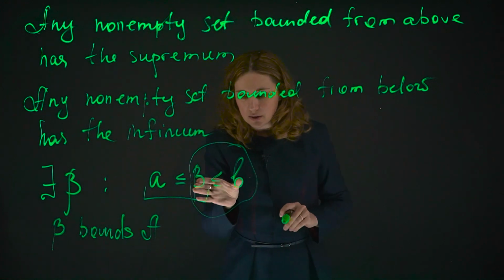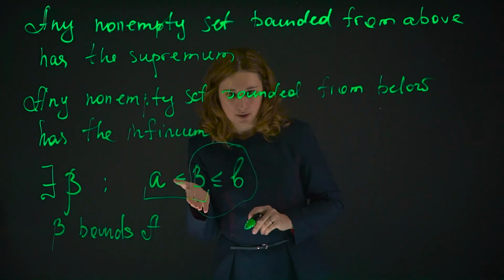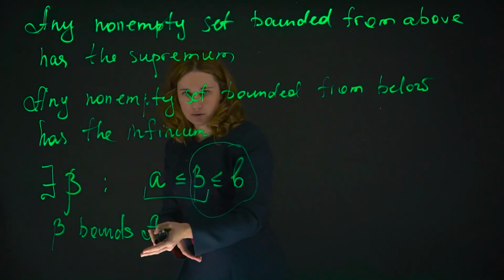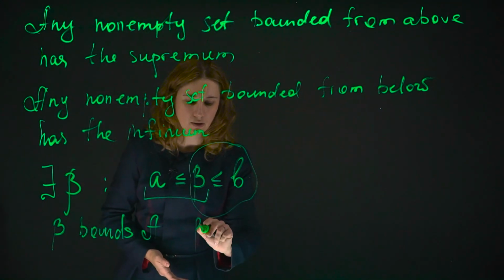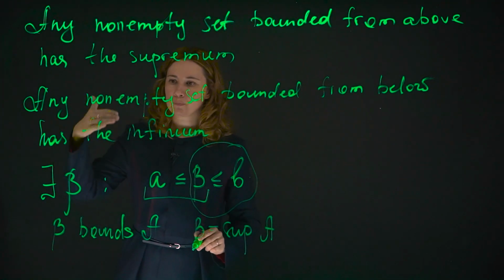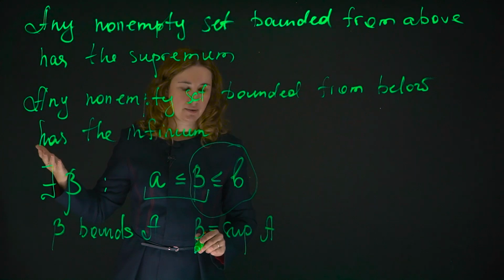This implies that beta is the lowest number that bounds our A. So beta is our desired supremum of the considered set A.